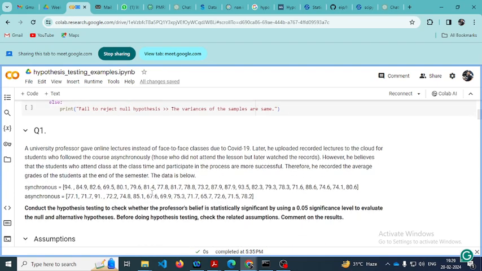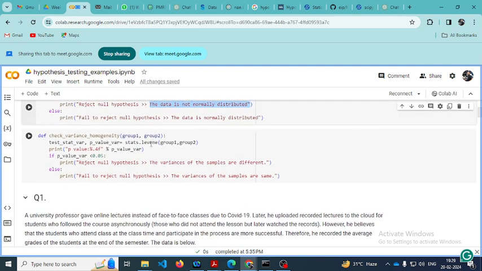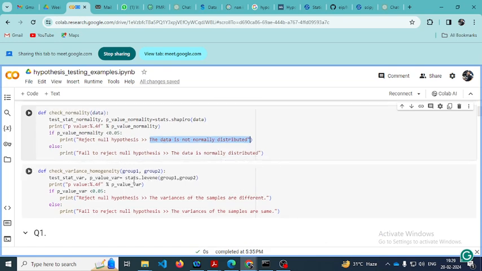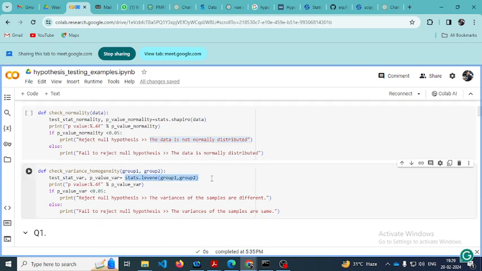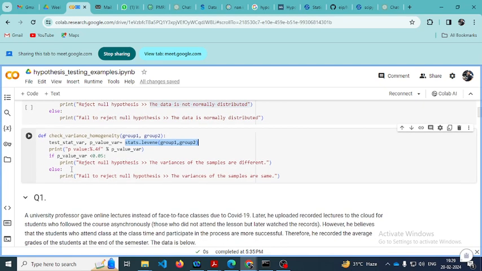Basically, in this problem you have two groups of data, group 1 and group 2. To check this variance, SciPy stats has a function to test variance, whether it has the same variance or not. You just call that function, stats.levene, and pass your two groups of data, then it will check.